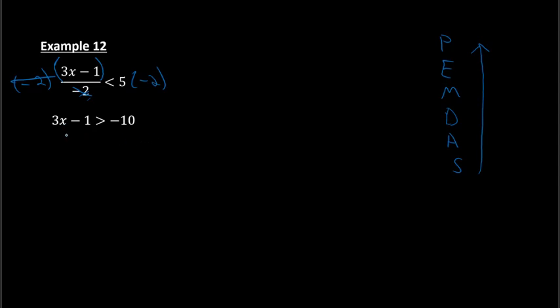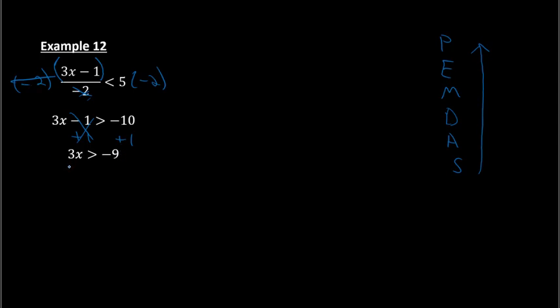So from here, I can continue with reverse order of operations. We have 3 times x, and we have a -1. Well, subtraction we would do first. So get rid of the -1 by adding 1 to both sides. When I do that, the -1 and +1 cancel. I have 3x on the left, and then -10 plus 1 is -9 on the right.